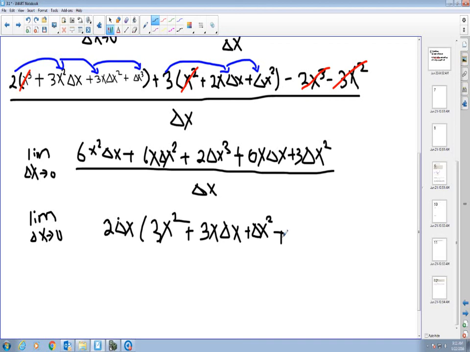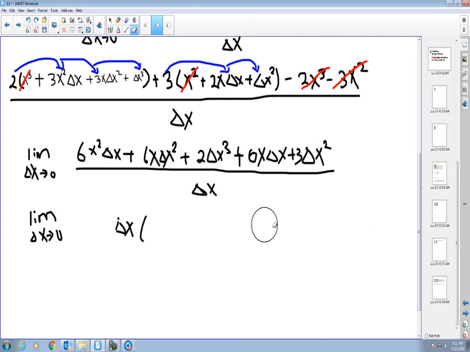Oh, I get it, it's alright. 3x, because this delta x goes to the outside, plus, if I factor it out, it would be 3 halves. So perhaps I shouldn't factor out a 3. Let me just leave this coefficient here. I wanted to factor out a 3, it's almost like I wanted something to happen, but it's not going to happen.